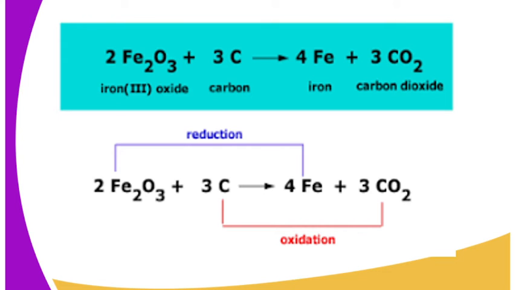What happens is that iron 3 oxide is reduced to iron while carbon is oxidized to carbon 4 oxide. So, in summary, one of the chemical properties of carbon is that it is a reducing agent. It reduces metal oxides to their metal while it is oxidized to carbon 4 oxide.